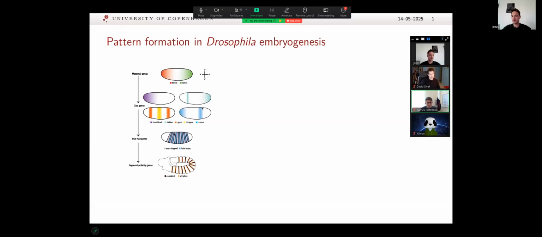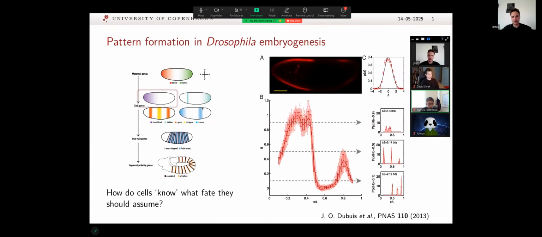So how does a barely fertilized embryo know which part of it should be a head, which part of it should be a tail, and whether or not it should have stripes, right? If there was an initial asymmetry, initial cells could maybe detect where in the anterior posterior axis, so that's the central axis of an embryo, where they are. But when it's symmetric, that's not the case. So the central question is basically, how do cells know, in a sense, what fate they should assume?